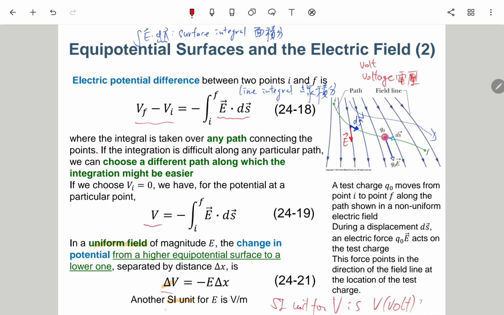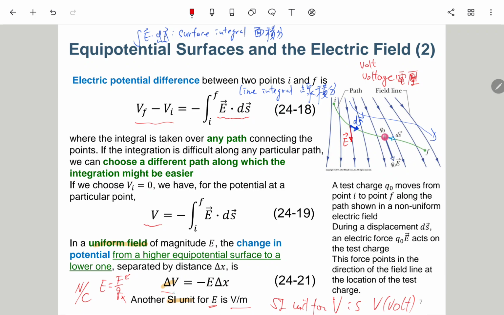Okay, so volt. In such a way, another SI unit for E is V over M. In chapter 22, when we learn about the definition of E, we know that the SI unit for E is N over C, Newton per Coulomb, because it comes from E equals F over Q. So this is Newton, this is Coulomb.